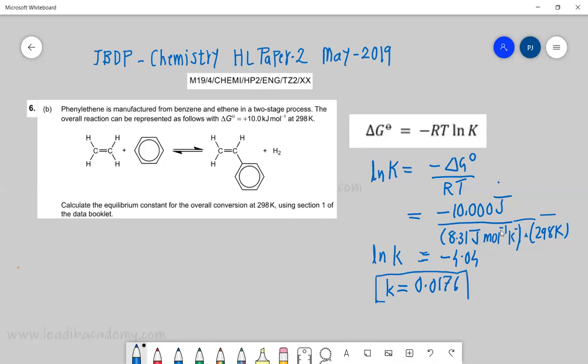This is the equilibrium constant. Simple, just formula application. Pick up the formula so you don't need to remember it. Only care needs to be taken while converting to proper units: 10 kilojoules converted into 10,000 joules, picking up the value of R properly, and temperature obviously in Kelvin. Simple.